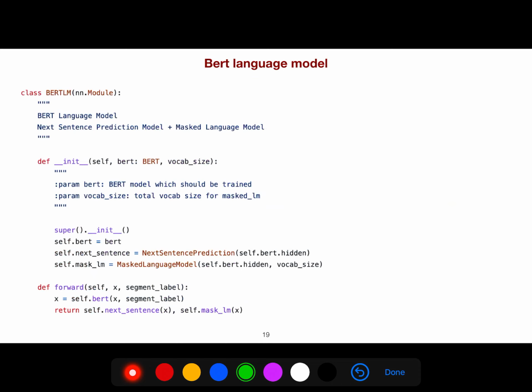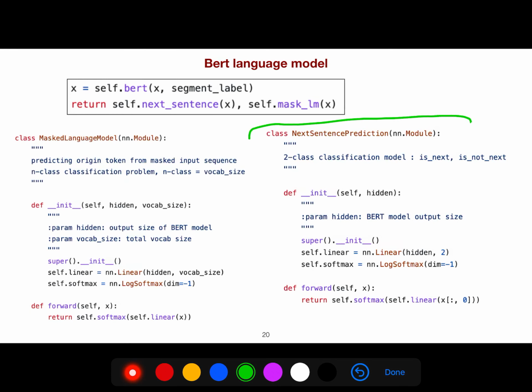That's it. So what is the BERT language model? For initialization, because in pre-training we have two tasks, masked language model and also next sentence prediction, you return two things: not only the next sentence prediction of x, but also the masked language model.